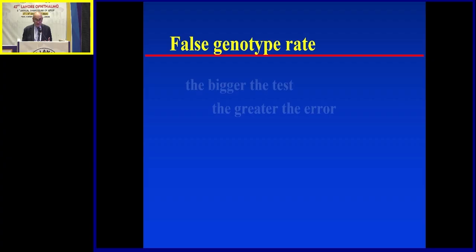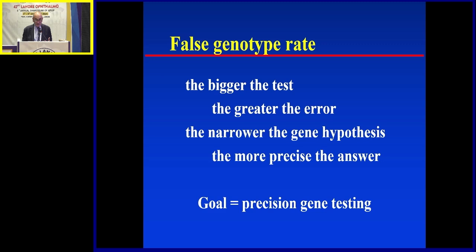These big tests, the bigger the test, the more the error, right? Because if you tested everybody in this room, there'd be errors; we all have errors in our genes. They're not causing disease, but how do we sort it out? It gets very complicated. The more narrow your gene hypothesis is, no longer just RP, I think you've got this, the more you can rely on the gene test that finds this little target, right?